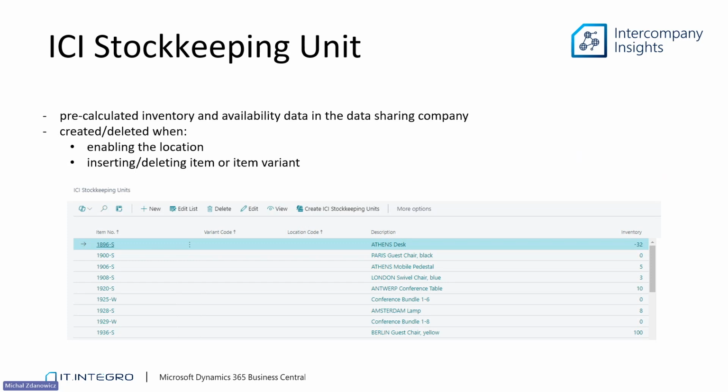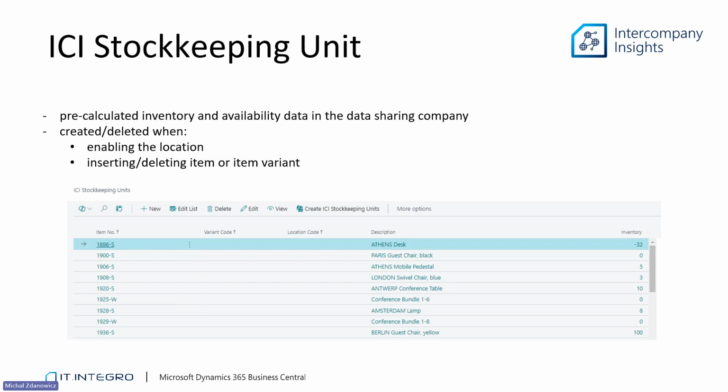This table is automatically updated when you create or delete an item or item variant, or when you're enabling the location for the ICI availability.